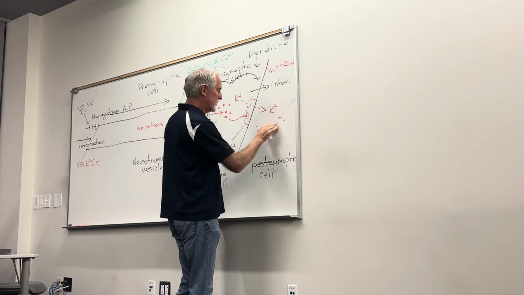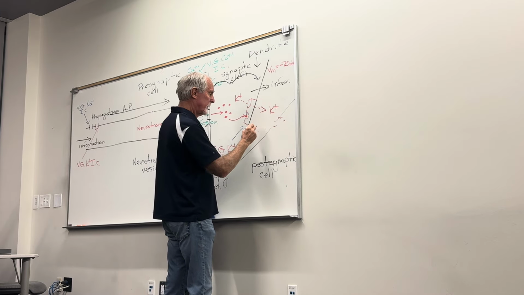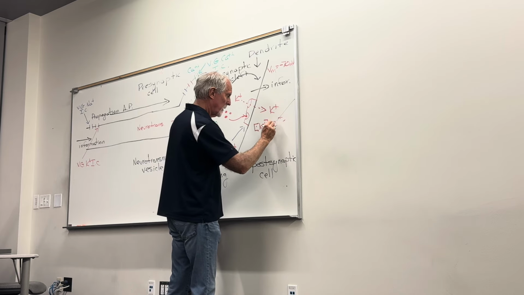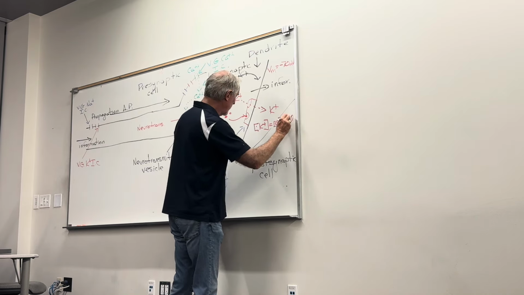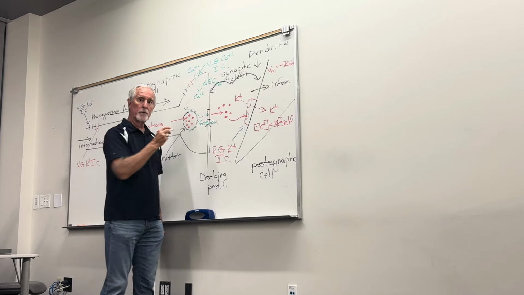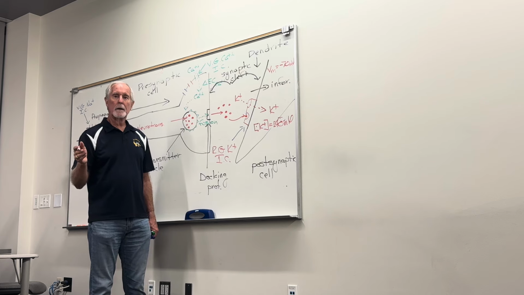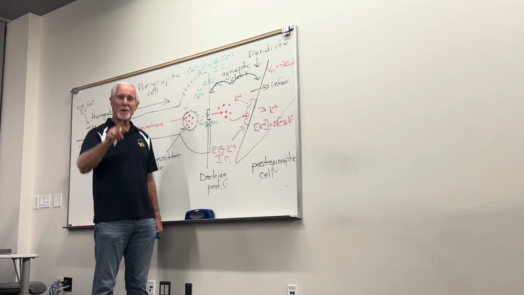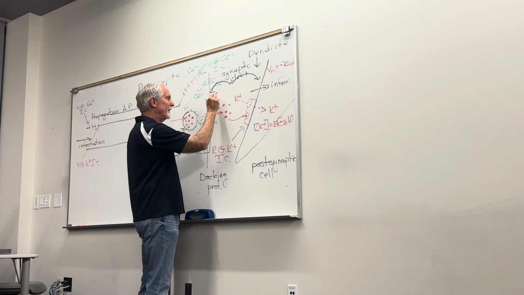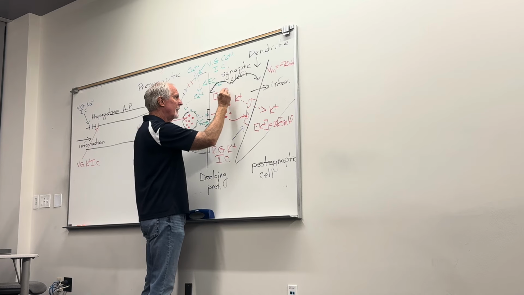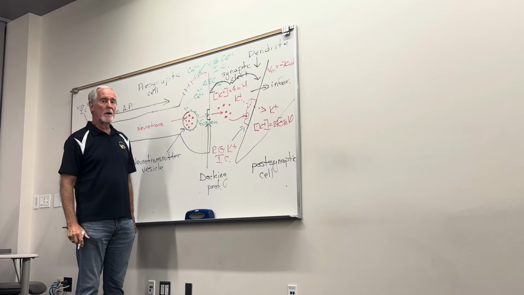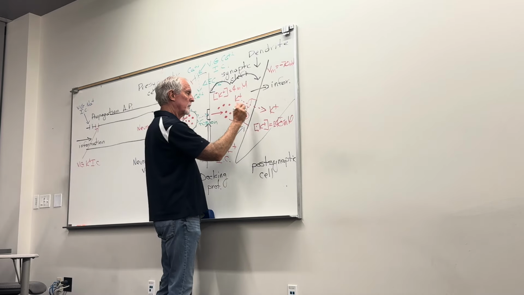So just so I make this right, the concentration of potassium inside the cell is 140 millimolar, and outside it's 4 millimolar. Just one 4. And so then that means potassium would be flowing outside into the synaptic cleft. So the arrow should go that way.